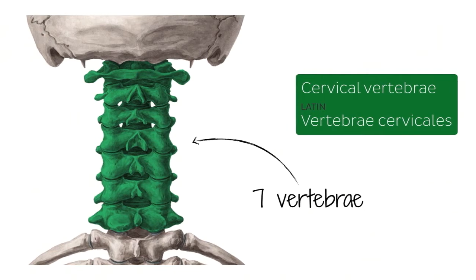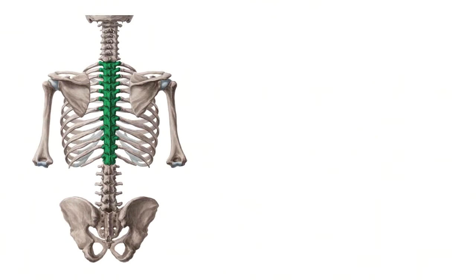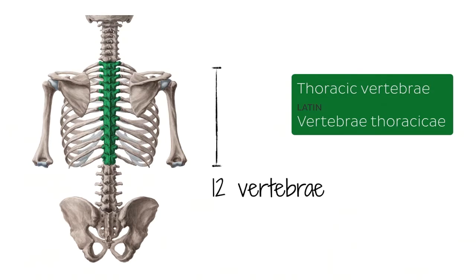We're going to go a bit further down and talk about this other set of vertebrae known as the thoracic vertebrae. The thoracic part of the spinal column is the middle part and is comprised of 12 vertebrae. Each thoracic vertebra has a superior costal facet, an inferior costal facet, and a costal facet on the transverse process.